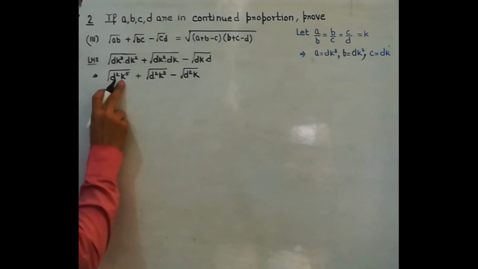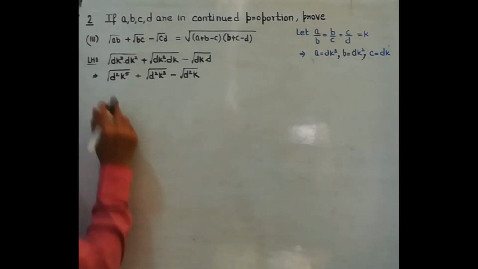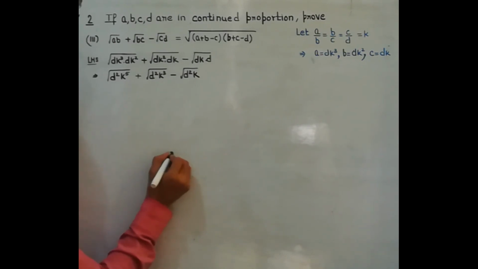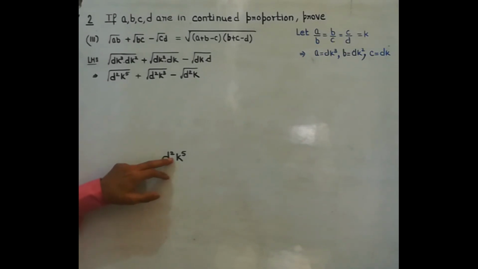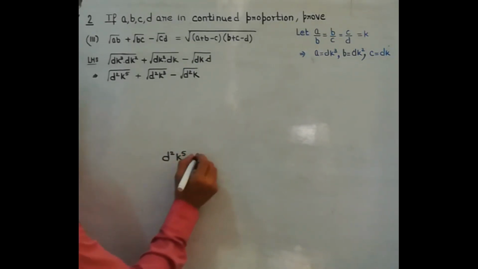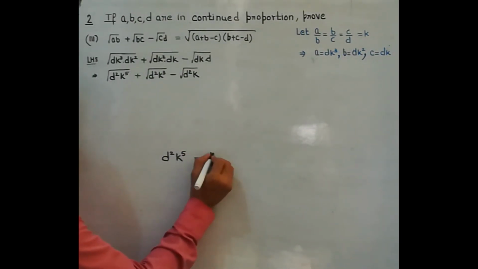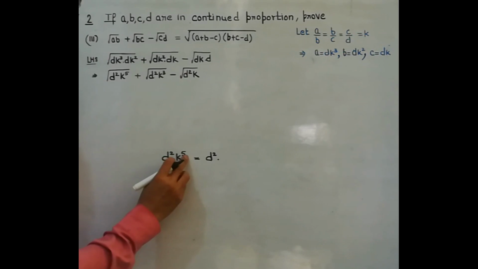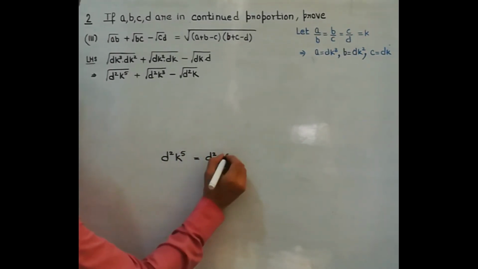Now if it's even power, you do the half of the power, and that is the under root, right? But if it's odd power, like d square k raised to power of 5, how do we take the square root of it? When it is odd power, you separate power 1 and the rest.